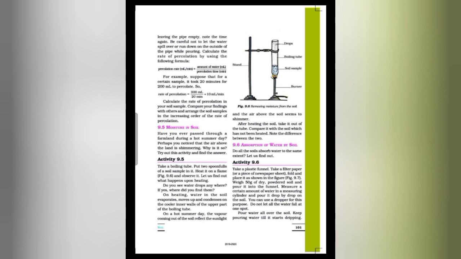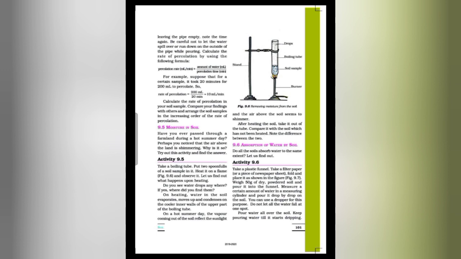Calculate the rate of percolation by using the following formula that we have discussed already: percolation rate is equal to the amount of water, given in milliliters, divided by percolation time, given in minutes. For example, suppose that for a certain sample it took 20 minutes for 200 milliliters to percolate.